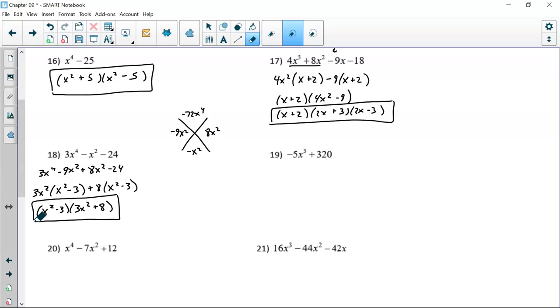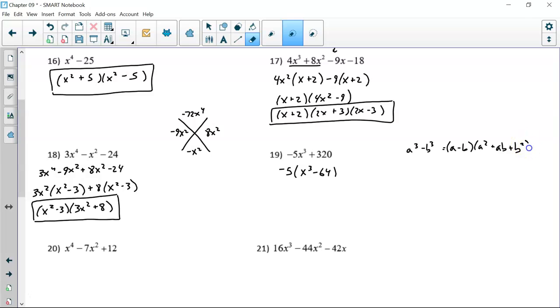Now for the last couple of problems. Number 19, factor out a negative 5. And that leaves us x cubed minus 64. There's that a cubed minus b cubed. So it's going to be a minus b, a squared plus ab plus b squared.